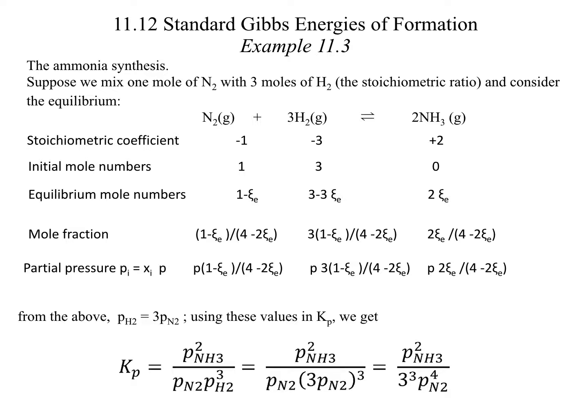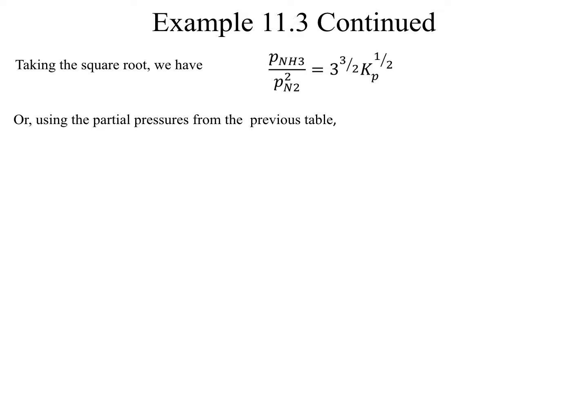3 cubed is 9. So now let's continue this and we'll be done in a few minutes. That is your pressure of ammonia divided by pressure of nitrogen squared. So you can take the square root, you can do the reverse of it. I rearranged the expression from the previous slide.